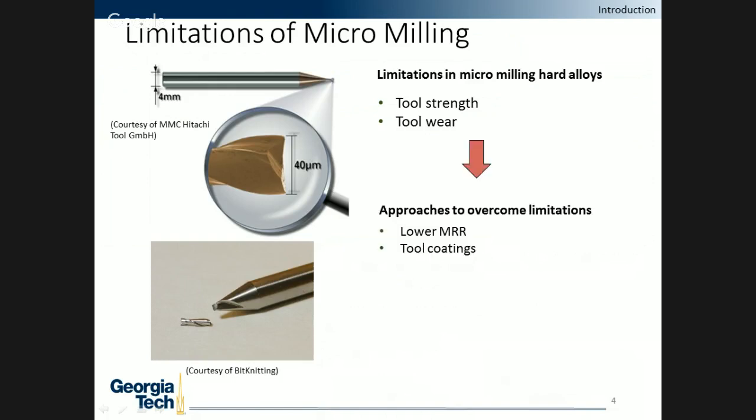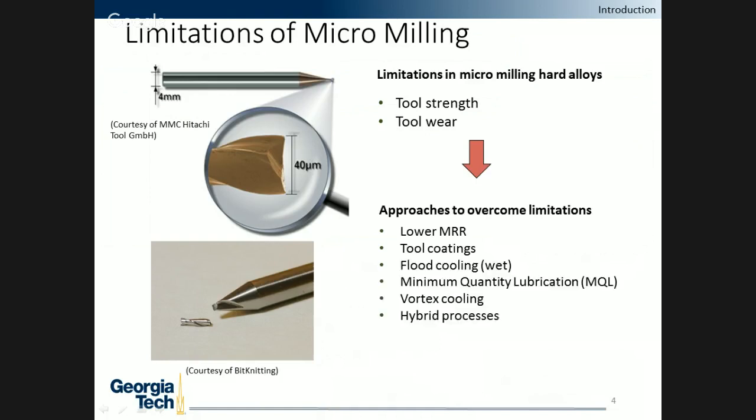There are several approaches to overcome these limitations in tool strength and tool wear. One is lowering speeds and feeds, which lowers the material removal rate, which is not optimal. Another is introducing tool coatings to help reduce friction and heat to the tool.